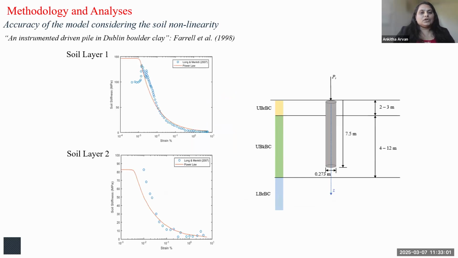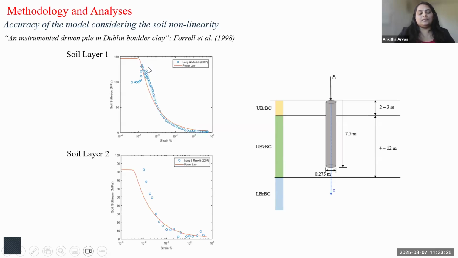Moving forward, there was another driven pile example in Dublin boulder clay, where the soil layer properties were given in terms of a power law and also based on experimental results. This power law is basically an analytical equation, and when you fit it in, it gives you the response for the load displacements.